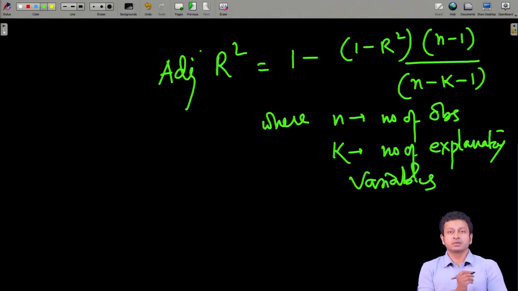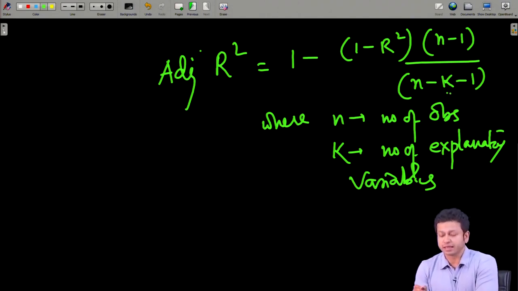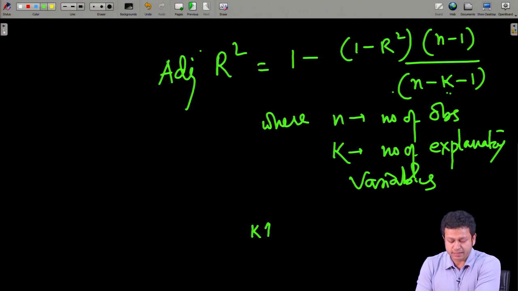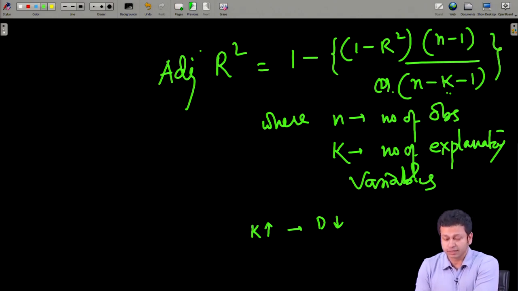So, what is happening here? If I increase my k, my denominator will reduce. Increase in k means the denominator, let us say it is d, will reduce, and that means the whole term here will increase.